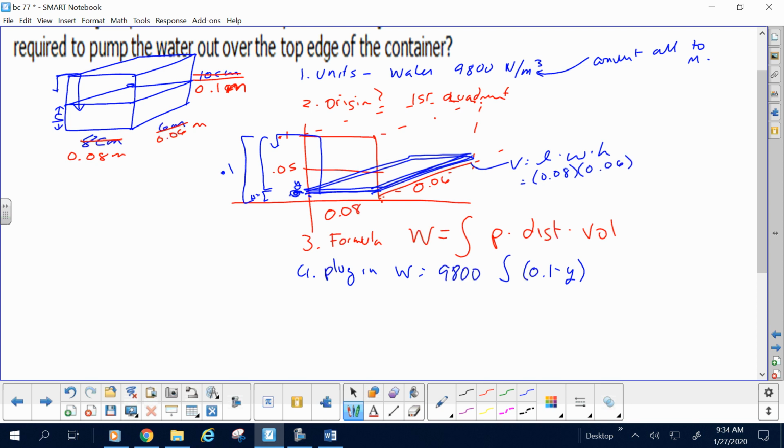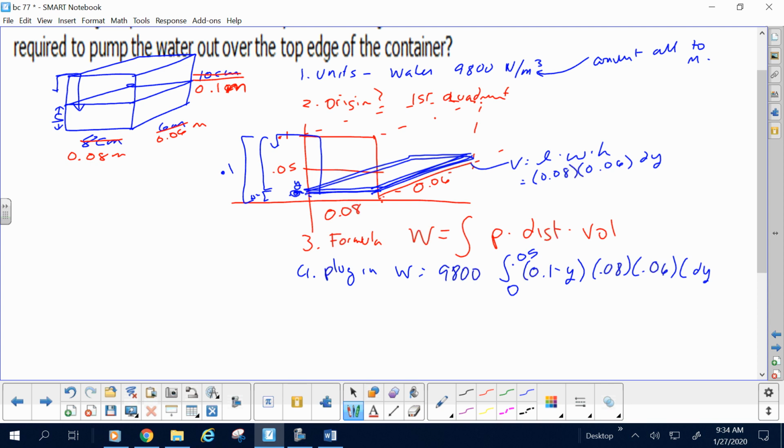And the height? dy. Yes, okay. So 0.08, 0.06, and dy. And what are the bounds? We have basically two choices, 0.1 or 0.05. 0.05, because I'm only pumping where the fluid is.